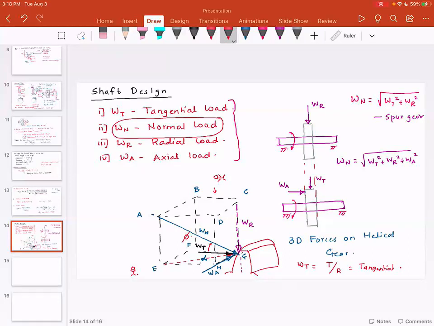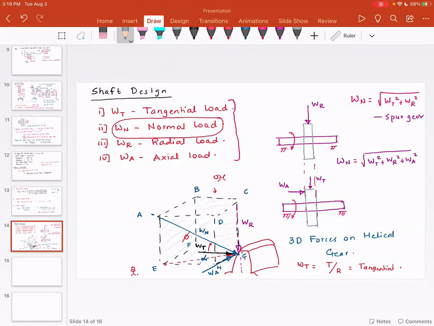In the case of spur gear, the force system is two-dimensional. So basically all the forces would be in the plane AEHD, which is the front plane, or would be in B, C, G, and F. So it could be in the front plane or in the back plane. But for the helical gear system, you have a completely diagonal going from all the way from A all the way to G.